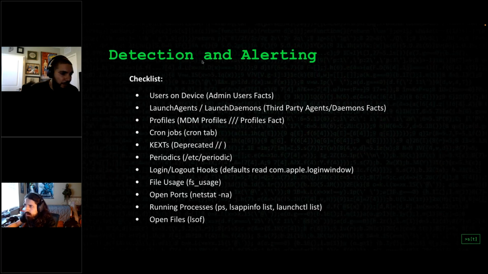So here's a checklist of things that you want to check when looking at a macOS device. Specifically, we check these when we're trying to track down why something is happening or whose process it is.